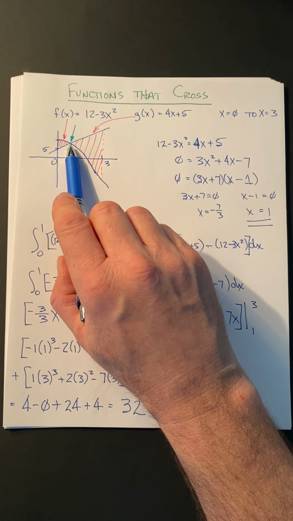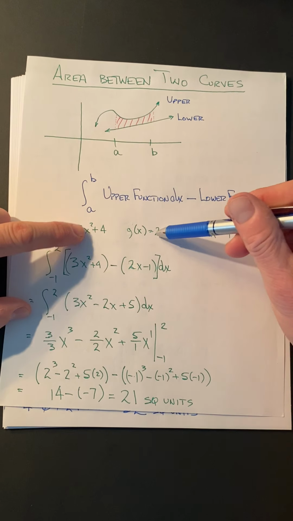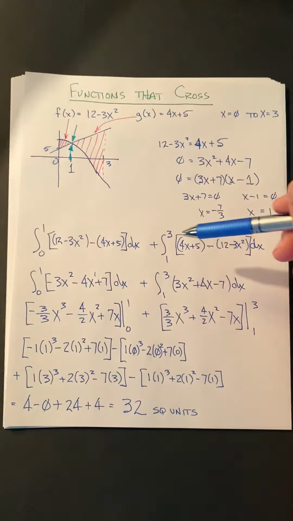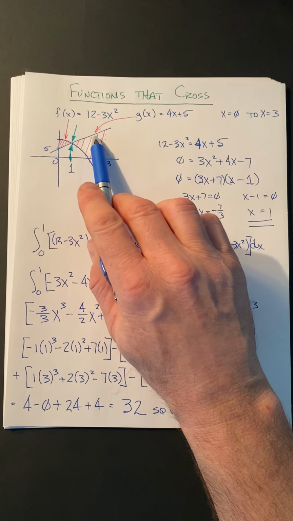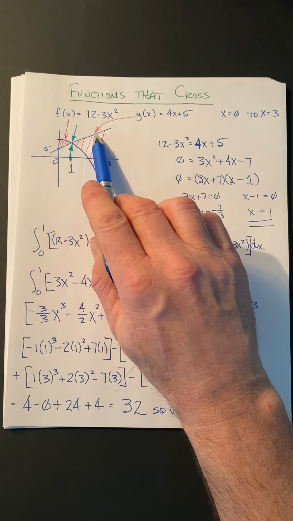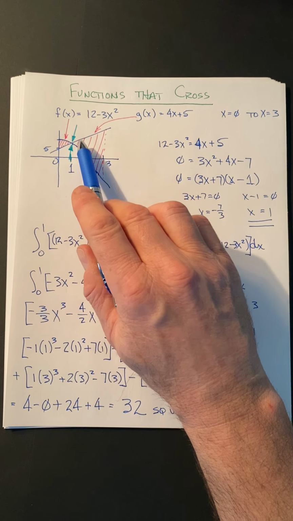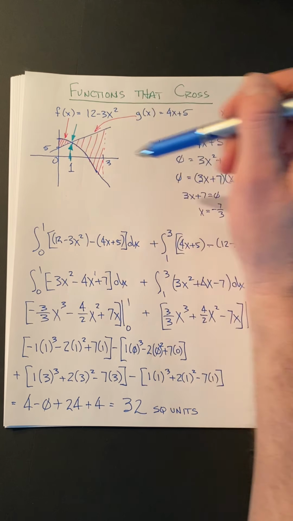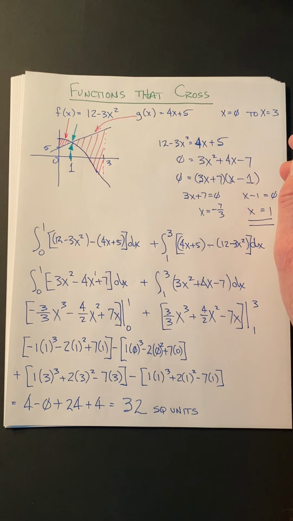Remember over here, I plugged in a 0 to figure out which one was the upper function. In this one, I was able to use my graph to determine that g of x was upper. But I may get a problem where I don't have a picture, and so I'm going to have to plug in points in between these intersections and these bounds to determine which function is upper and which is lower.